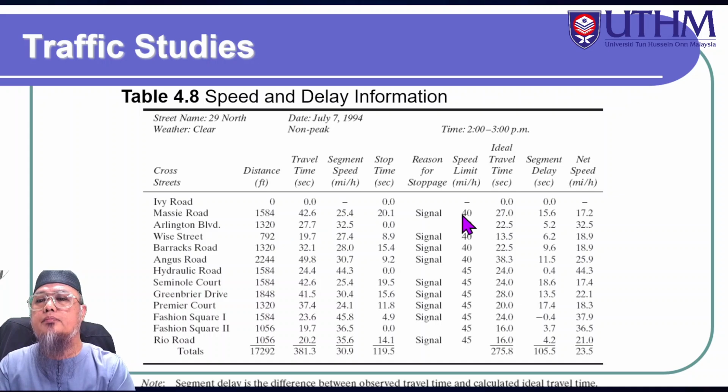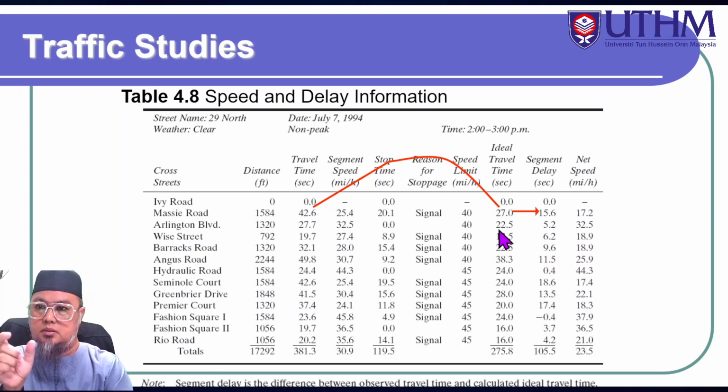Then they can estimate the ideal travel time for the distance from one location to another. But due to delays, maybe at signalized intersections, there is an extra increment of travel time. Here they have an additional delay of about 15 seconds.